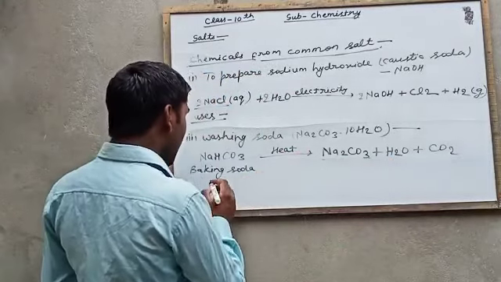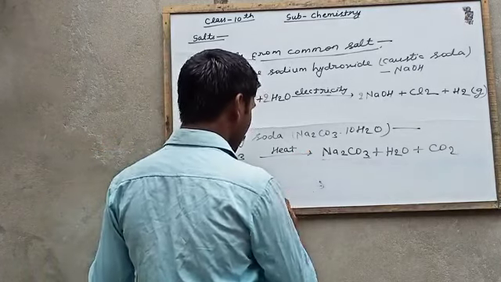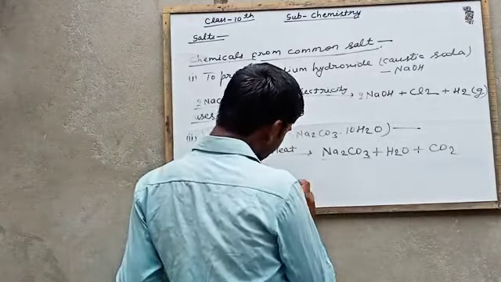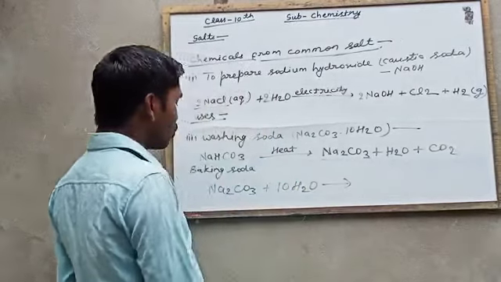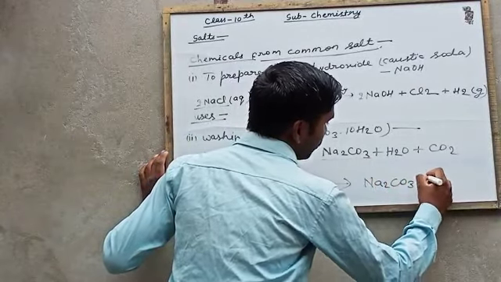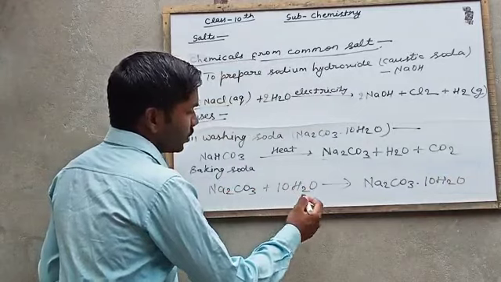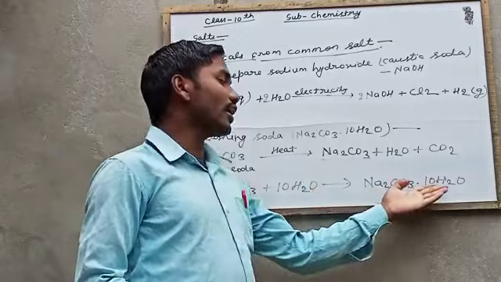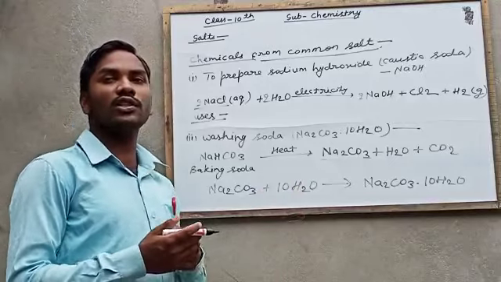When we recrystallize the sodium carbonate Na2CO3, plus 10H2O, so we get Na2CO3.10H2O. This is crystallization of sodium carbonate with water, so we get sodium carbonate.10H2O. This is washing soda.